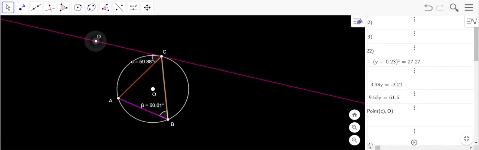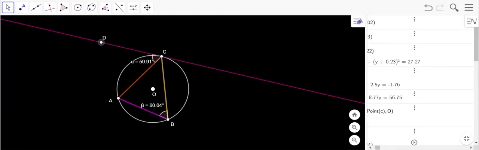Let me bring it to maybe the same value so you can see what I'm talking about. Okay, it's roughly the same. The angle between my orange line, which is AC, that's my chord, and DC, which is the tangent, must be the same as the angle in the alternate segment, which is angle B.